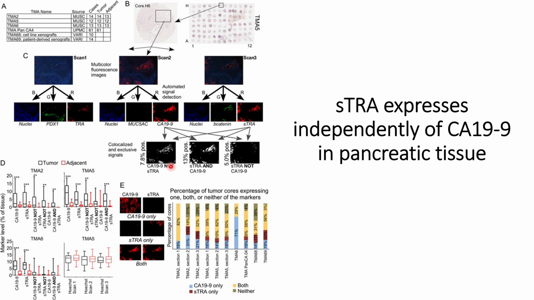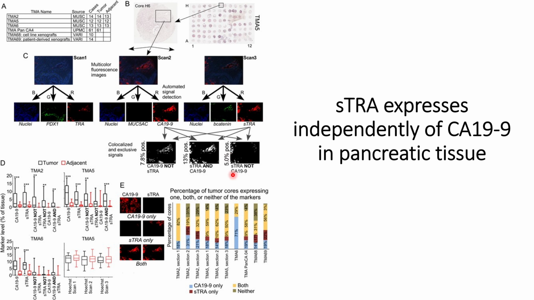The result for CA19-9 but not sTRA is shown here, and this should overlap with the fluorescence of sTRA and CA19-9. This means the combined effect of fluorescence B and fluorescence C, and then sTRA but not CA19-9.